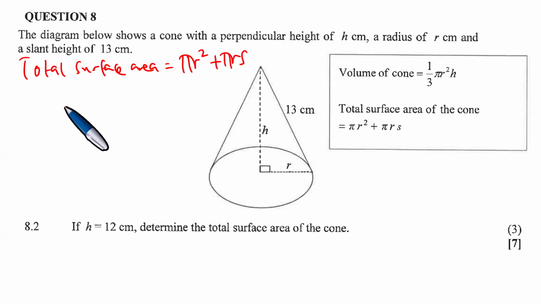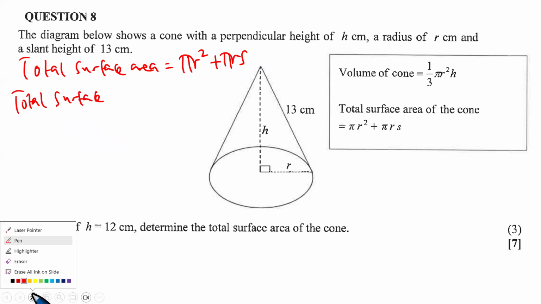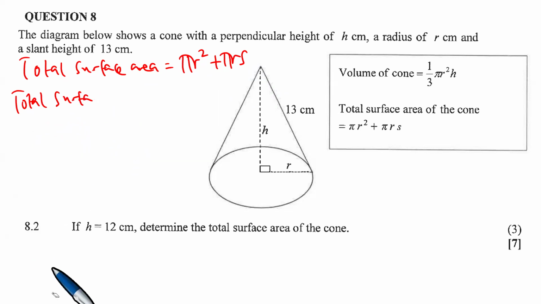So the total surface area can be seen as pi r squared plus pi r s. But now I want us to pay particular attention to what is needed.